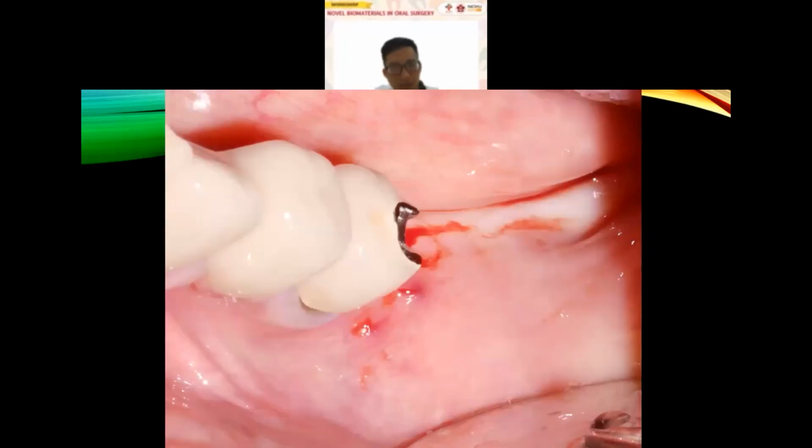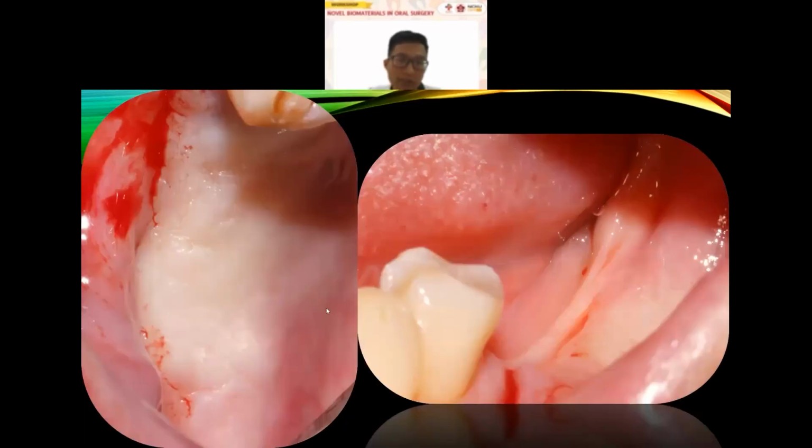So in some cases, after we make a bone graft, as well as when there is severe loss pre-operatively, there is no keratinized tissue at all, especially on the buccal side. So we have to make some procedure to get more keratinized tissue.